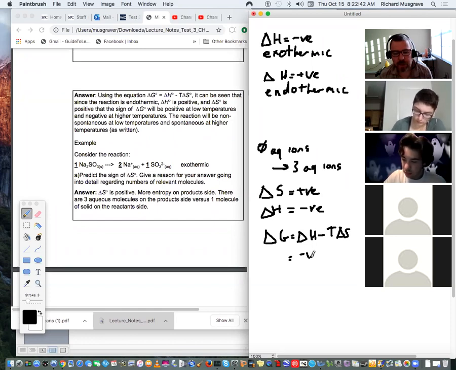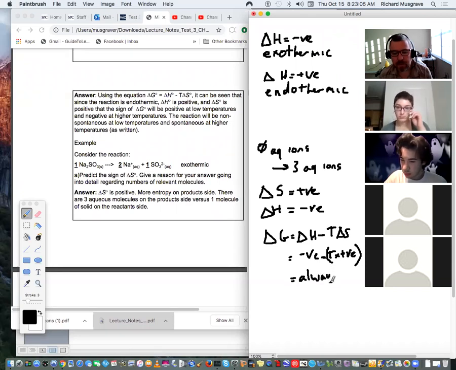And you can see we have a negative value minus T times a positive value, which would be always negative, which would mean it was always spontaneous.